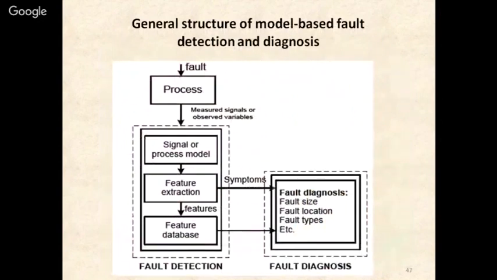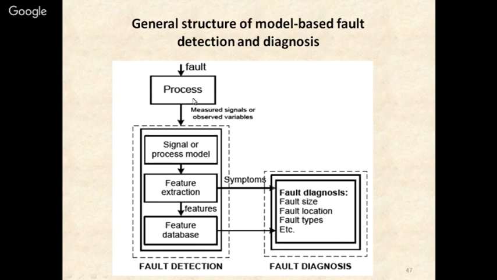Then we come to the model-based fault diagnosis. Model-based fault diagnosis has some advantages over conventional diagnosis. Here we have the advantage that we are not supposed to measure the actual parameters of the motor under test.